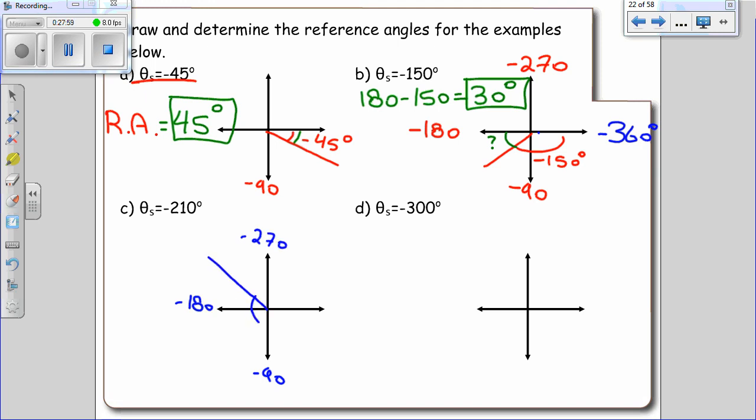The reference angle is the gap between the nearest x-axis and the terminal arm. To get to this nearest x-axis, I would have had to go negative 180. I need an extra something to get to negative 210. What's that little extra gap? 30 degrees is that little extra gap. Right? I went all the way to 180, a little extra 30 gets me to 210.